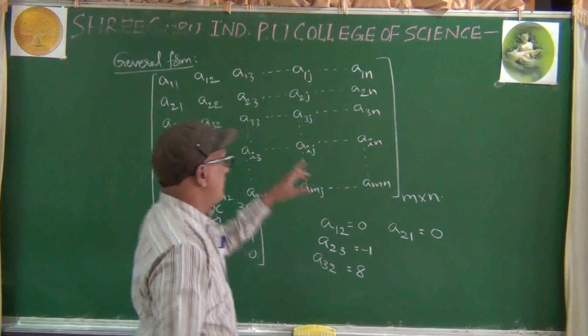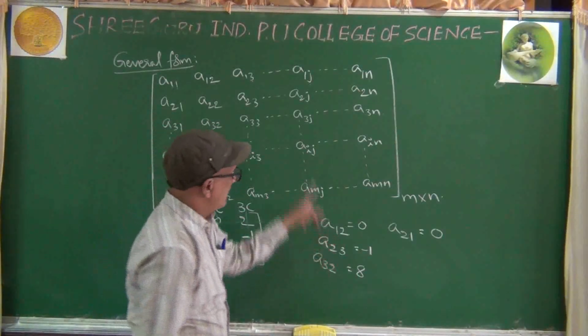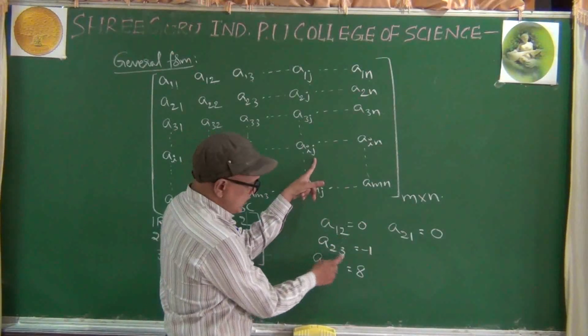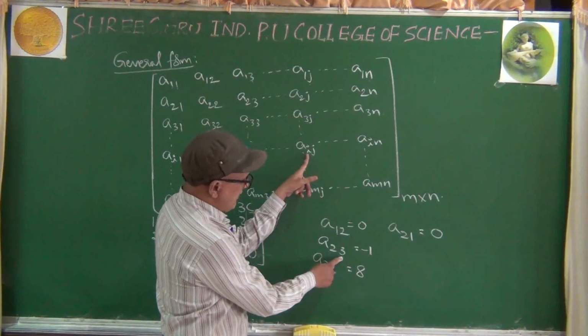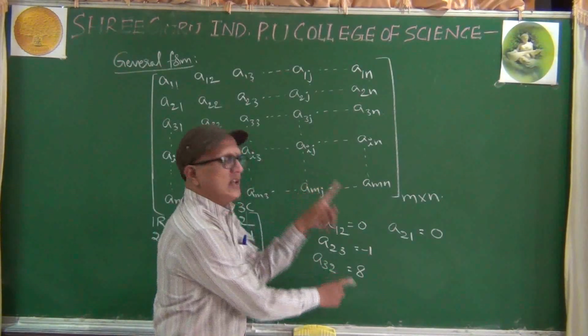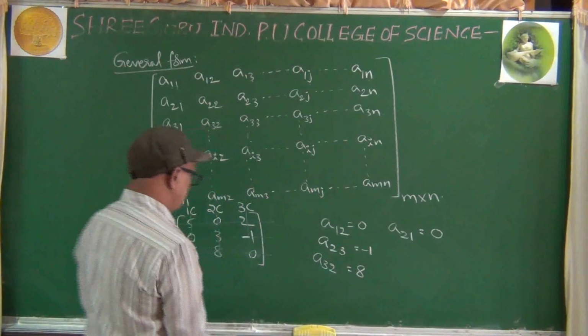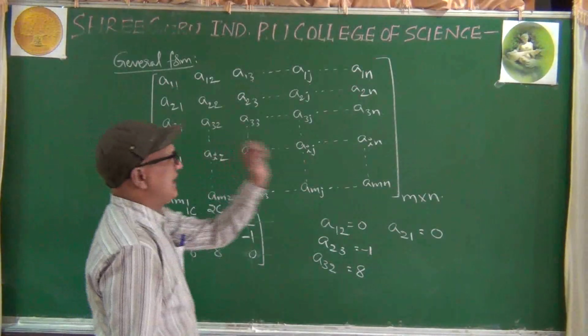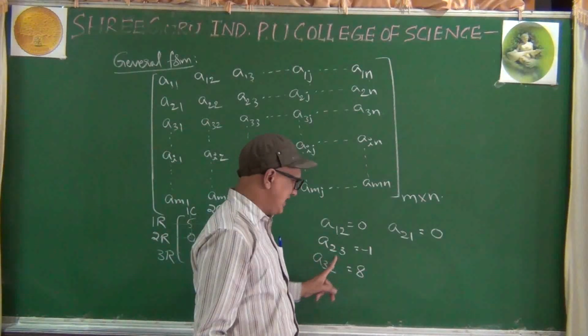Like that, particular row, particular column. A12: i value 1, j value 2. A23: i value 2, j value 3, second row, third column. i value 3, j value 2, like that. So ij means the particular element's address, Aij.